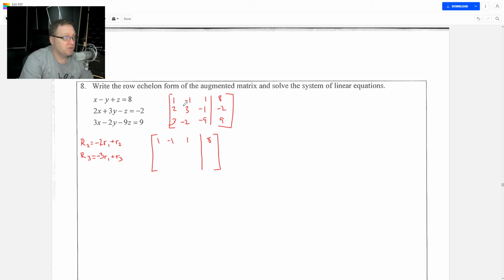How are we going to do row 2? We're going to do negative 2 times this one plus this one. So negative 2 times 1 plus 2 gives us a 0. Negative 2 times negative 1 gives us 2 plus 3 gives us a 5. Negative 2 times 1 is negative 2 plus negative 1 is a negative 3.